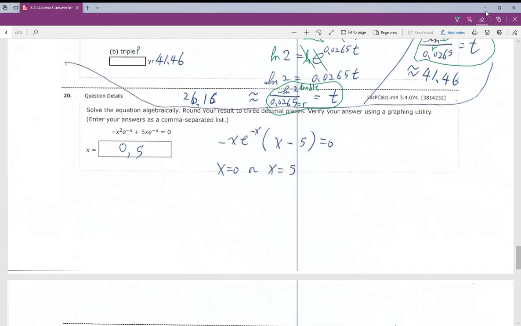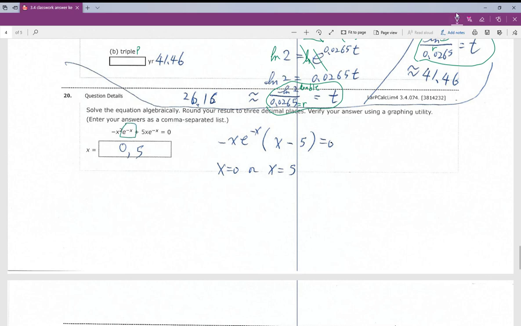Number 20. Okay, so what's our first step here? Wow, very complicated. So here's what I did for this question. I realized we have a common factor.